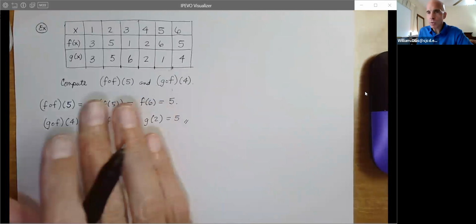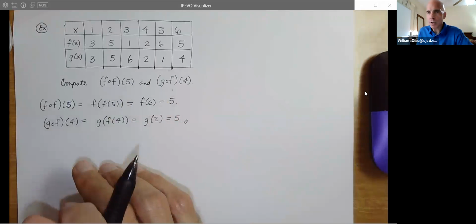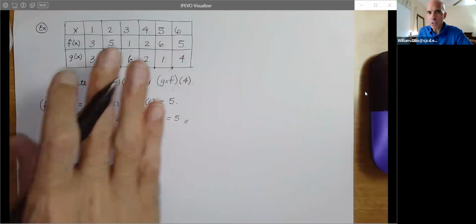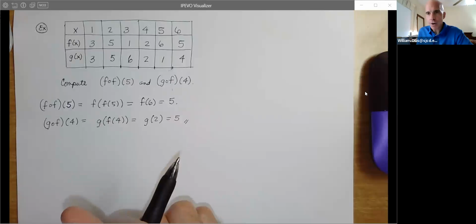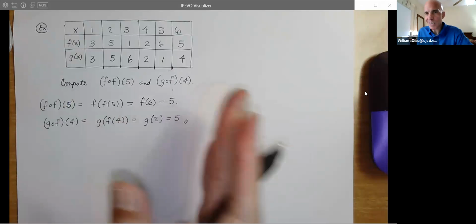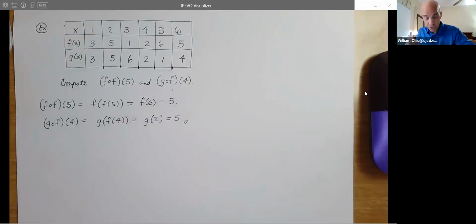Again, this will clearly work with the functional equations. This is just a little discrete example to test you on the definition of composition. So again, very simple, and maybe more tedious than dealing with the functional equations. Now, what I wanted to do is we have these definitions of even and odd.